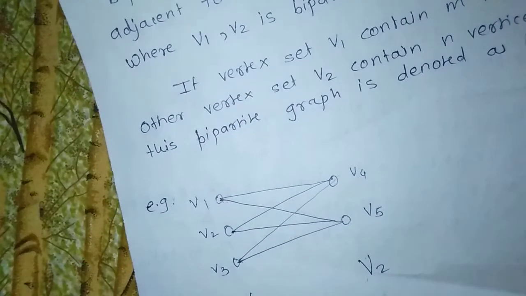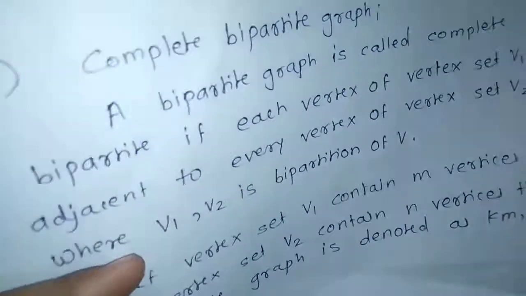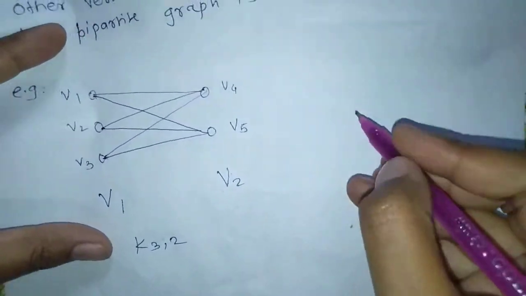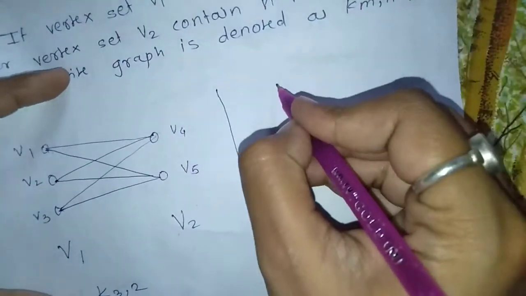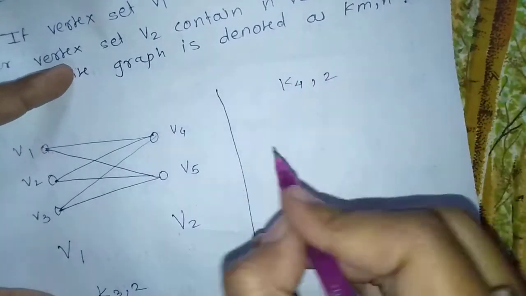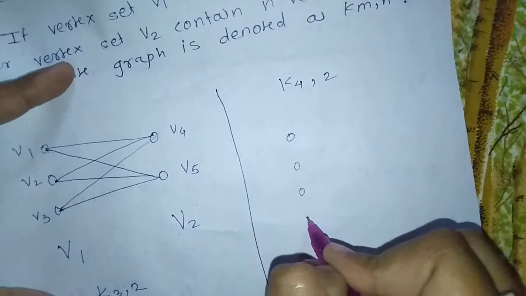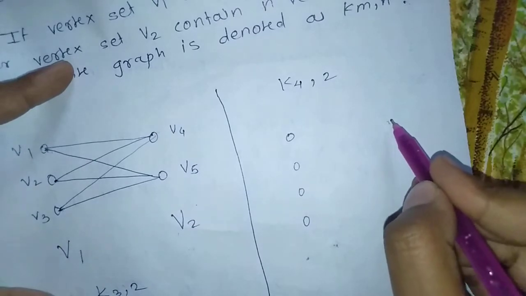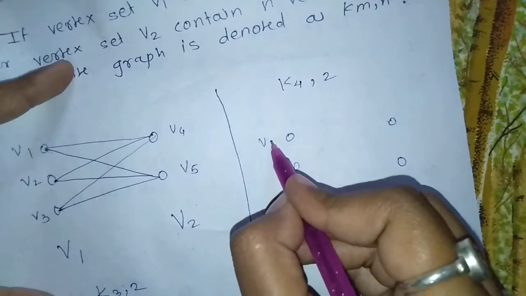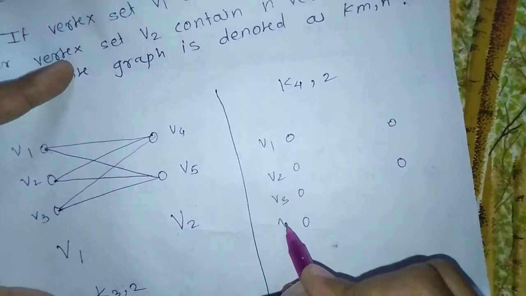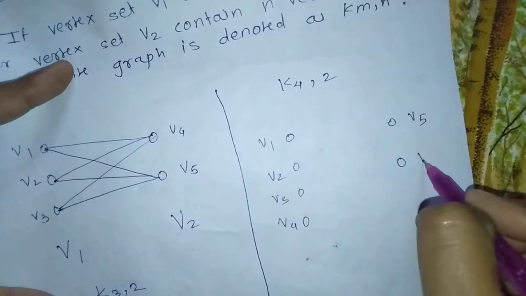Now next, for example, K(4,2). K(4,2) means the first vertex set contains 4 vertices and the second vertex set contains 2 vertices, means V1, V2, V3, V4, V5, V6.